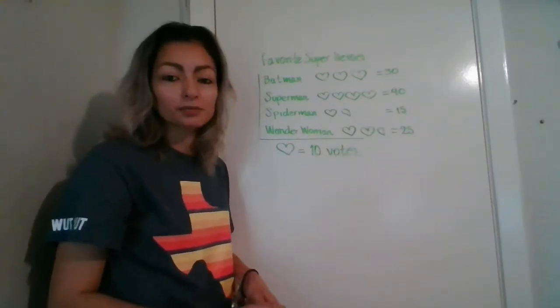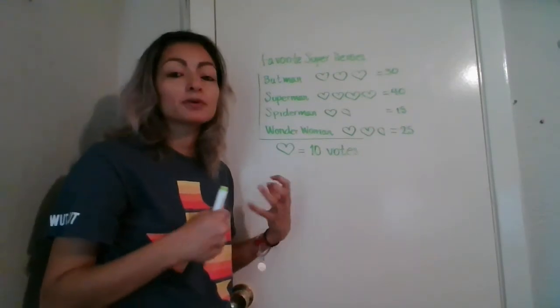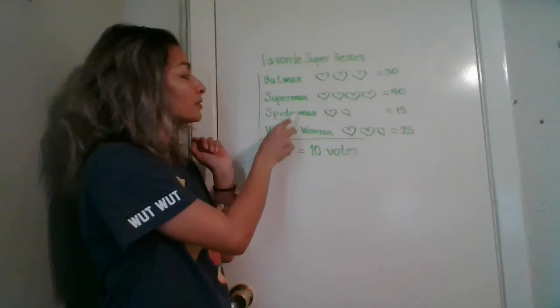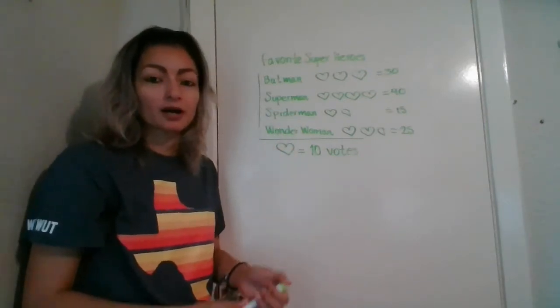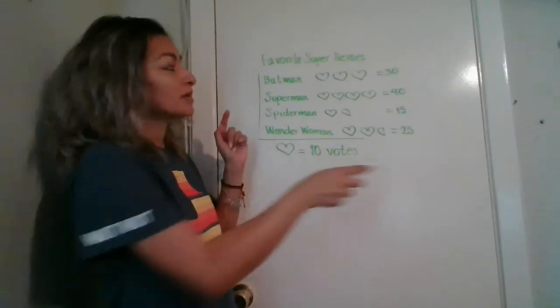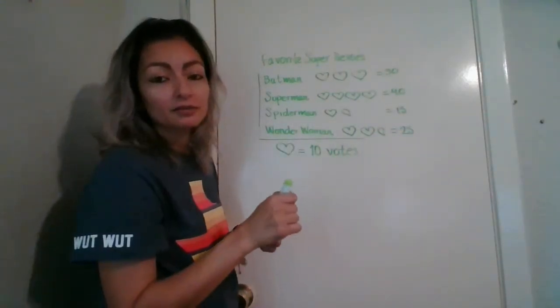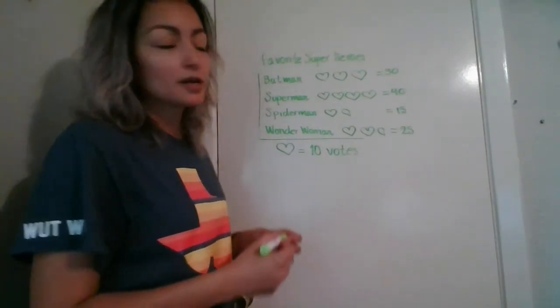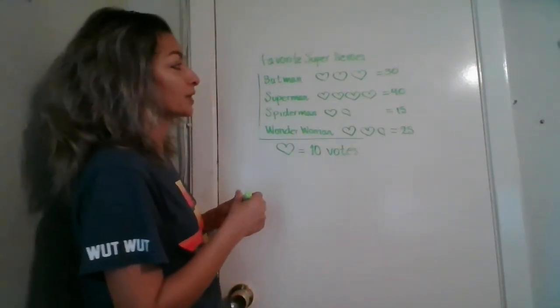If they were to ask me, how many people voted in total? Now, regardless of who they pick as their favorite superhero, I'm going to add all of them together to come up with the total amount of people that voted for their superhero.